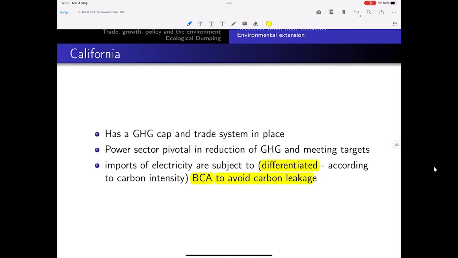Okay. So the idea is you have a cap and trade system in place in California for emissions.